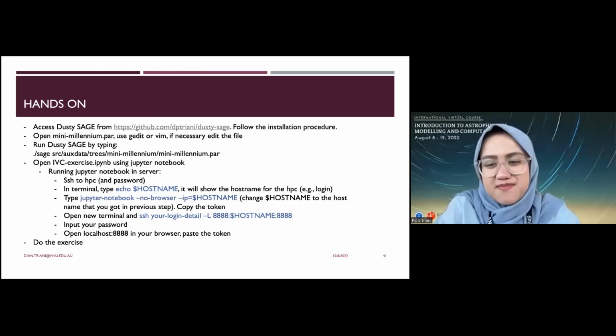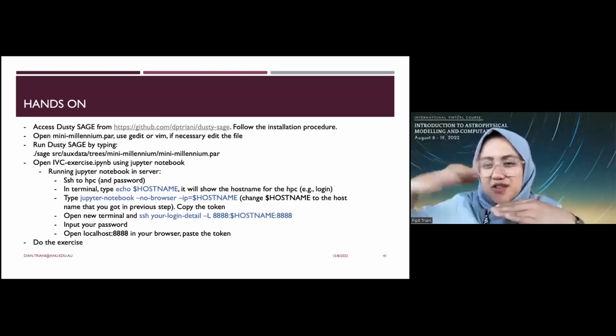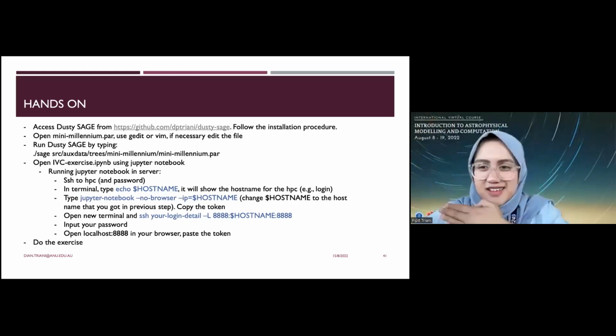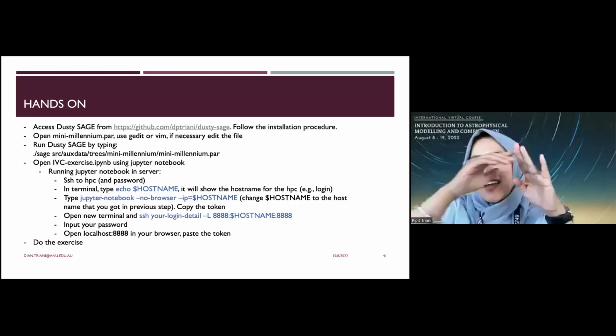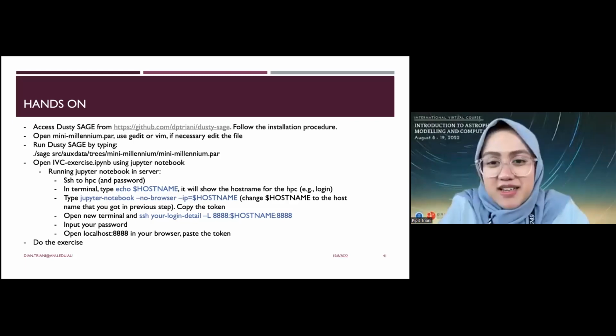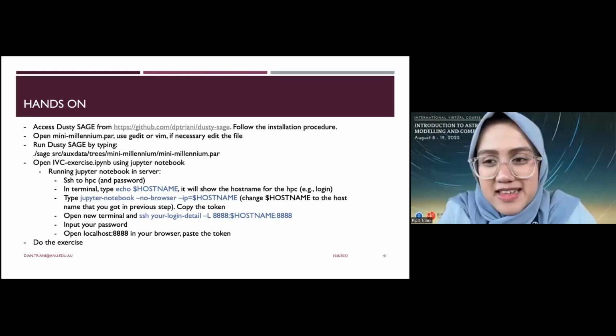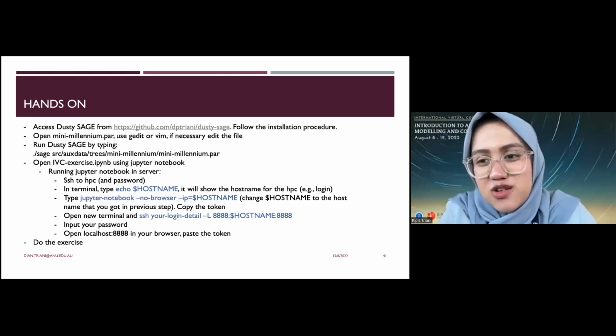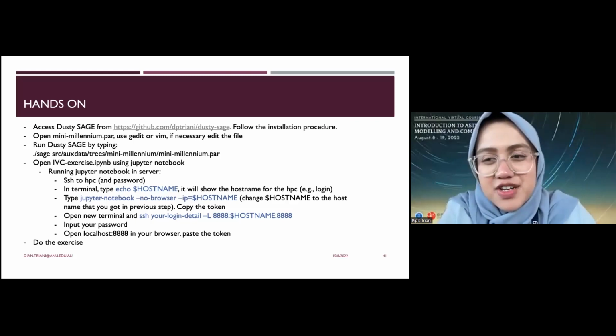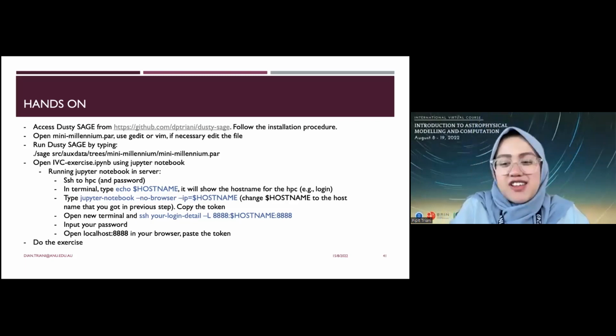Yeah, that's correct. I don't know how it works with the HPC, because if you run that and other people run that, then it will overlap. Yeah, I think it's better to create a different folder. So make a new directory with your name, change the output directory, and run that inside that directory.